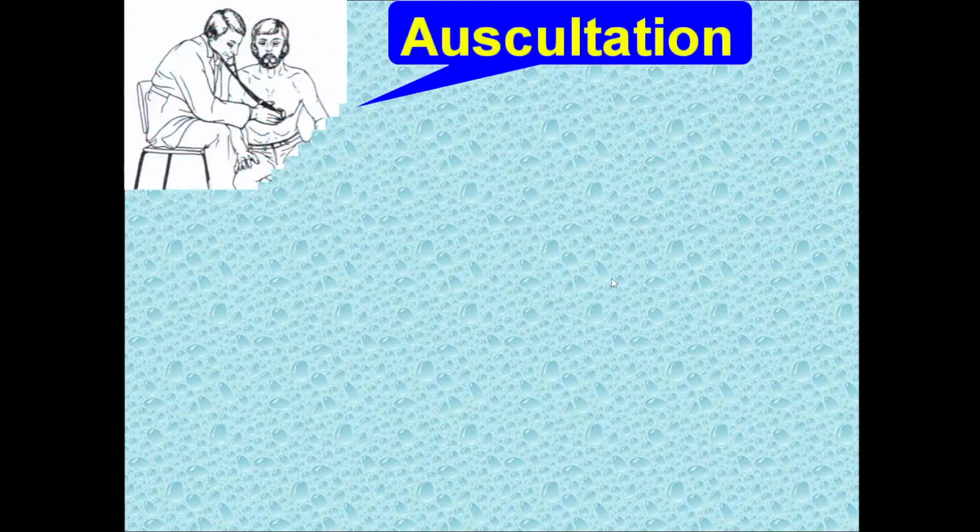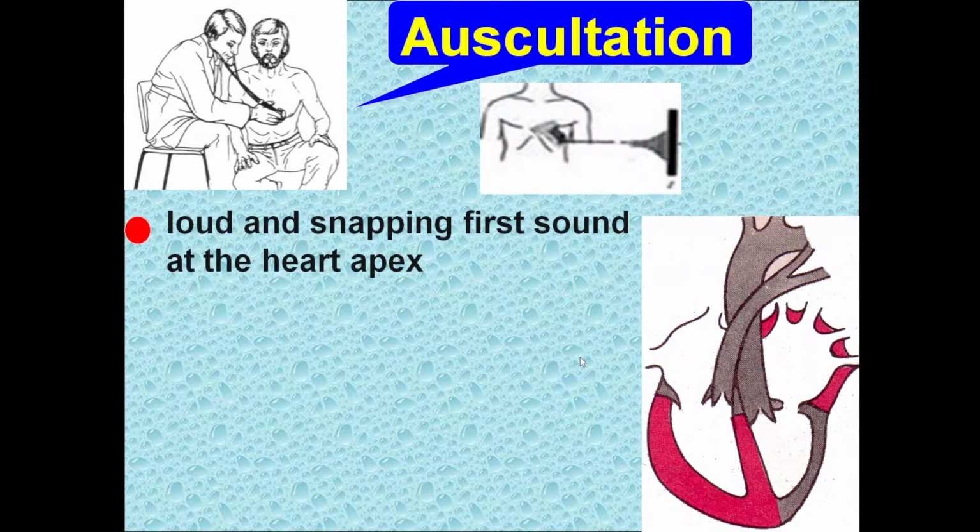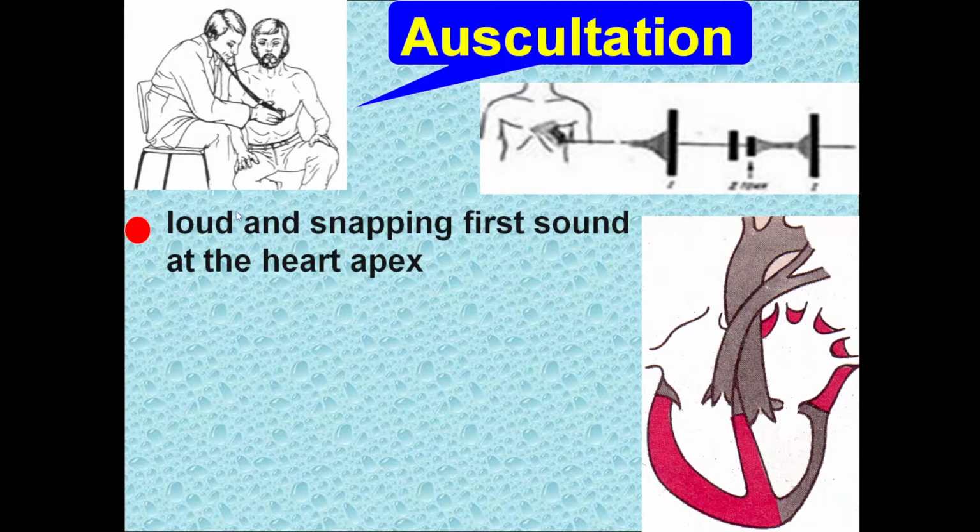On auscultation, the main picture characteristic for mitral heart defects will be auscultated over the heart apex. The first sound becomes loud, snapping. We see its amplitude is more than 2 times over the second, because the left ventricle receives a diminished amount of blood, and it is easily contracted due to intensification of the muscular component.